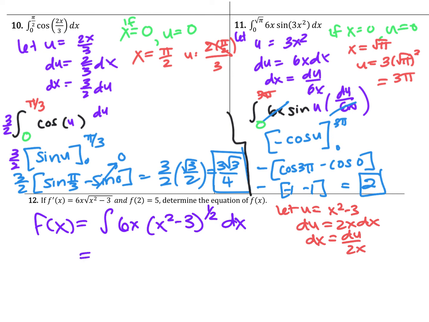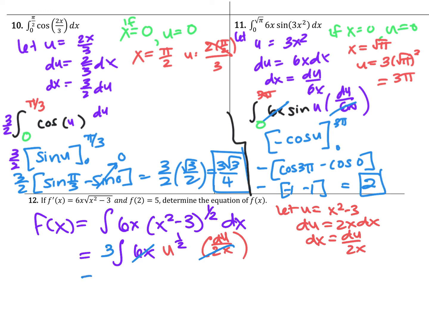So this is going to be equal to the integral of 6x times u to the 1/2 power times du over 2x. 6x and 2x are going to divide to just be 3.